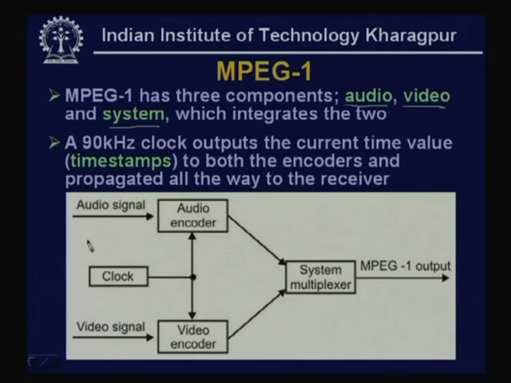Now, a clock which operates at 90 kilohertz is used to provide the information of time in the form of time stamps. So, this time stamping is performed, and the time stamped audio and video signals are multiplexed to generate MPEG-1 output, which is propagated all the way to the receiver. This time stamping helps you to do the synchronization of the audio and video signal.